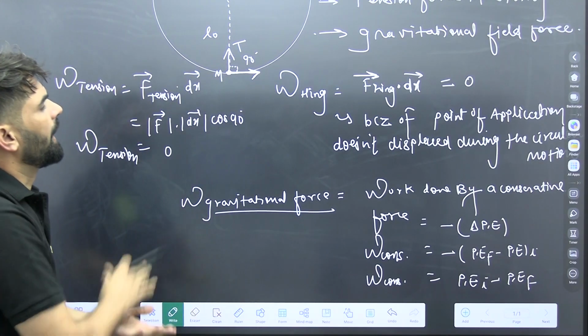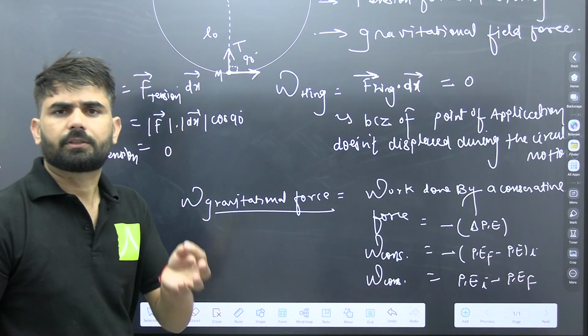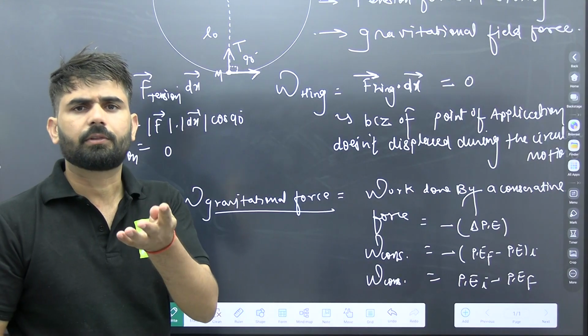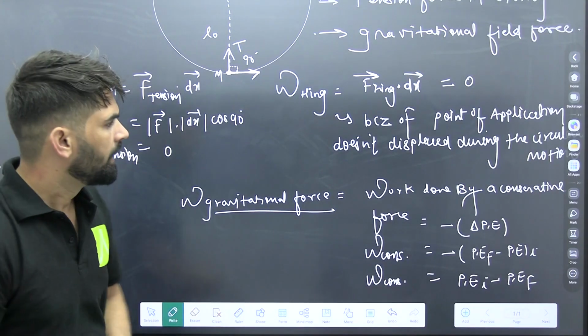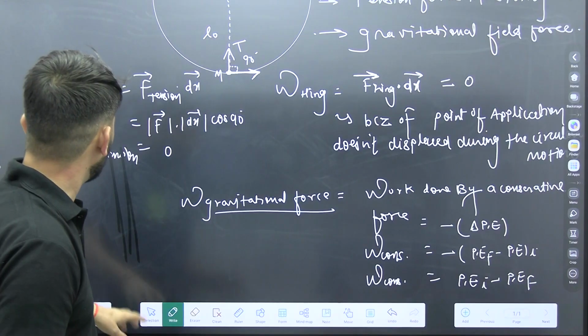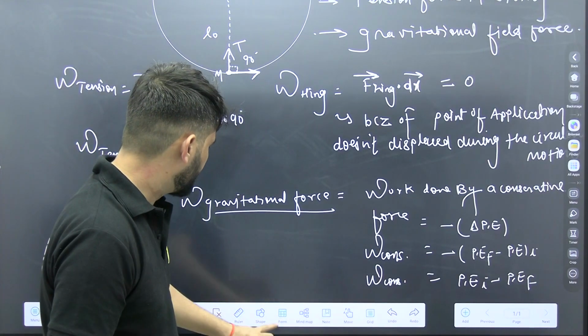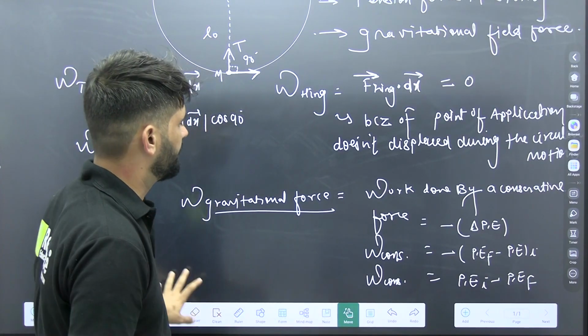So we have the work done by these three forces: first the hinge force, then the tension force, then the gravitational force. Now we can combine these using the work energy theorem.